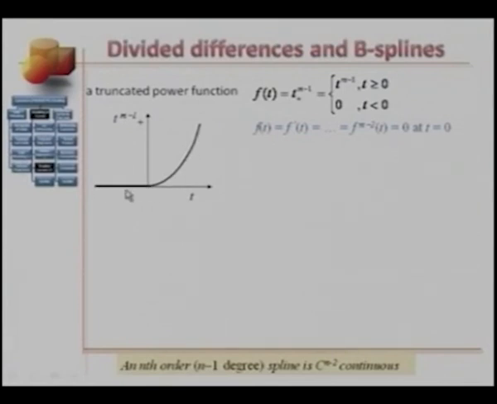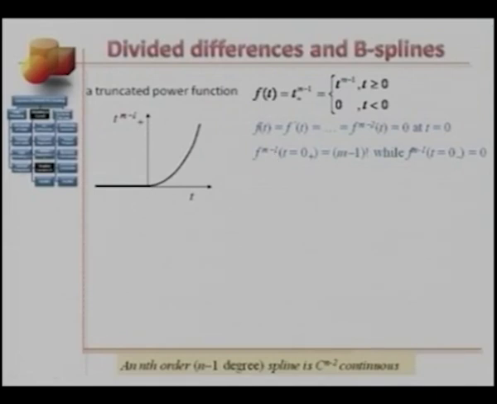How about the m minus 1th derivative at t equals 0 plus? The m minus 1th derivative at t equals 0 plus is equal to (m minus 1) factorial. That is the right hand side derivative. While the m minus 1th derivative at t equals 0 minus is 0. So you would see that the m minus 1th derivative is not unique.